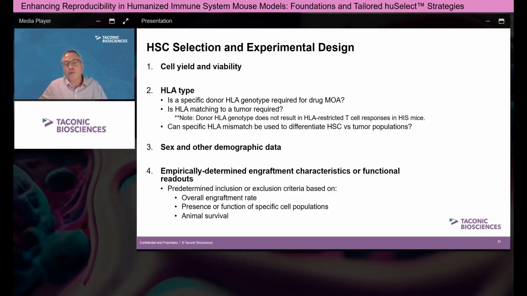I recommend having some type of predetermined inclusion or exclusion criteria for your study based on engraftment rate, presence or function of specific cell populations, as well as animal survival, welfare, and timelines.